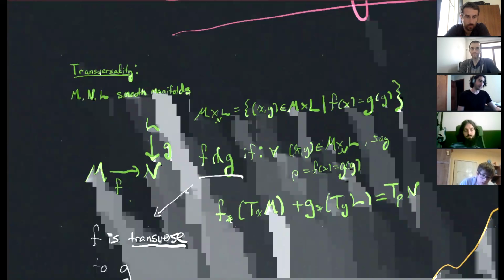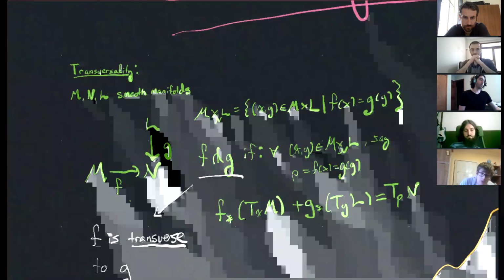So a simple enough definition. In particular, if one of those manifolds, M or L, was a point, then that would be asking for the other map to be a submersion.